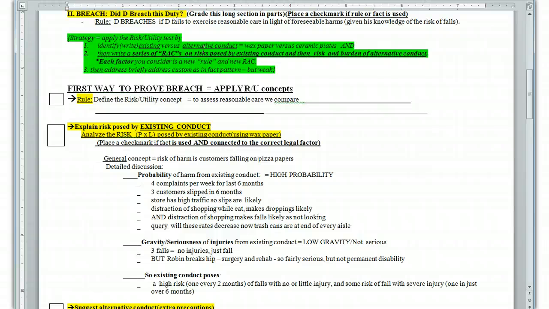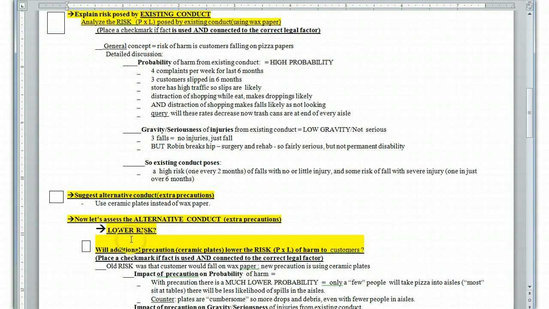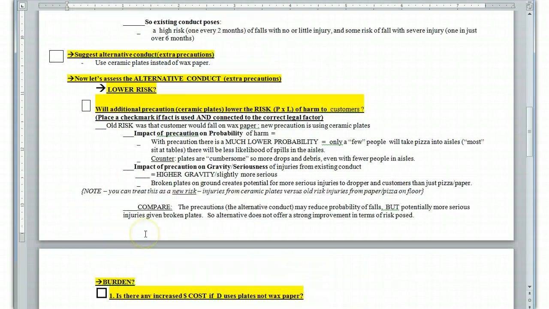Two, you're going to then try and write a series of RACs, rule analysis conclusion, on the risks posed first by the existing conduct. So remember, our strategy when running a risk utility is to first look at the existing conduct and ask what kind of risk did it pose, and then look at the alternative conduct and ask, did this lower the risk?